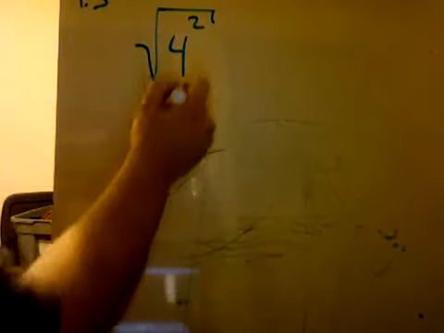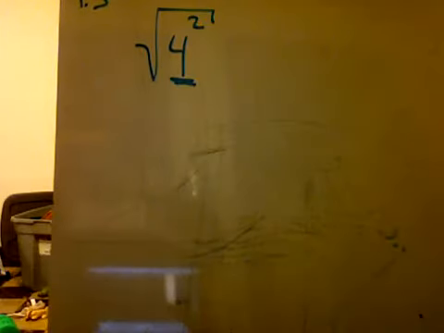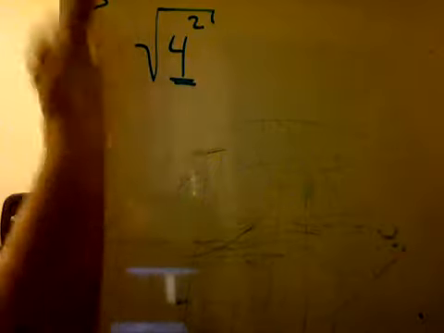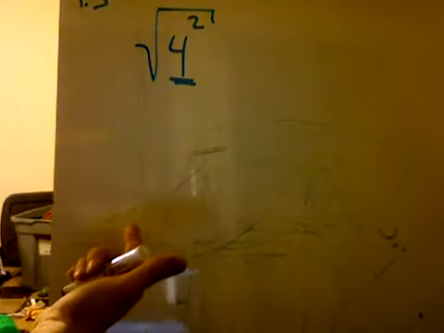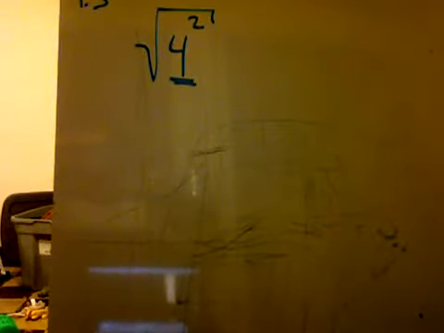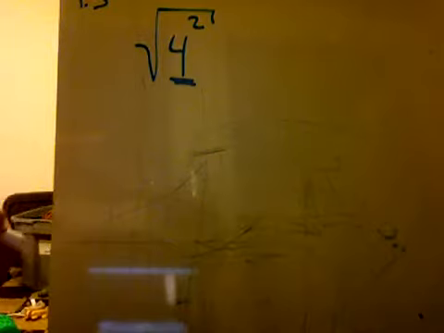Well, when you take the square root of something that we're squaring, we're left with that piece there, right? Because what is the square root? You're looking for a number times itself to get that result. So if we're taking a number and we're squaring it, we're essentially multiplying it by itself.